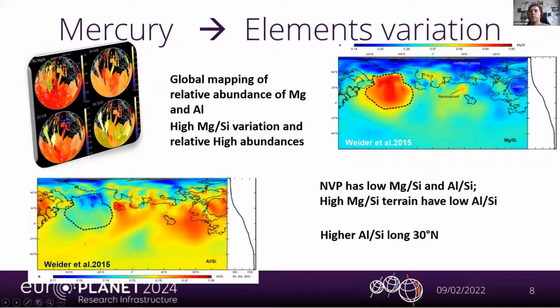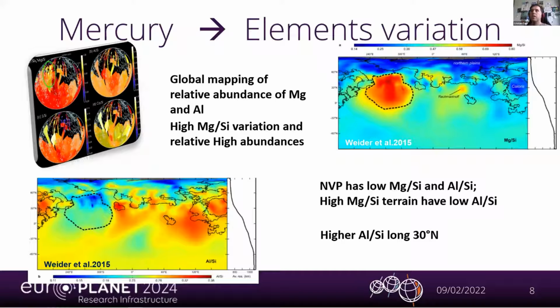If we look at the aluminum silica map, we can clearly see that the regions correlated to the magnesium silica enriched area are mainly depleted in aluminum. But at the same time, we can see that if Caloris Basin was depleted in magnesium, it is enriched in aluminum. This is not true for the northern plains, where both magnesium and aluminum seem to be relatively poor.